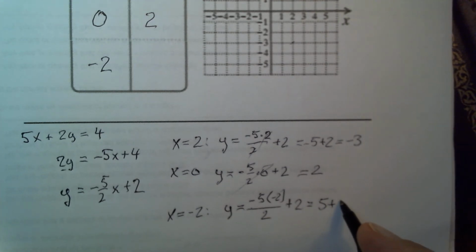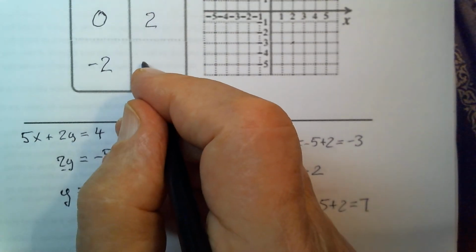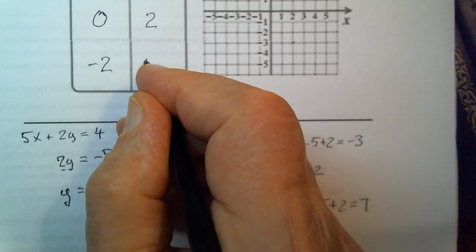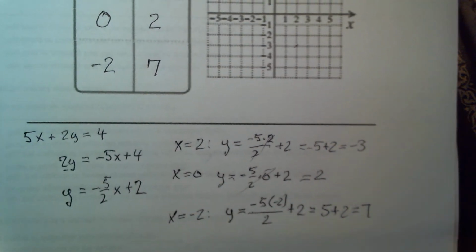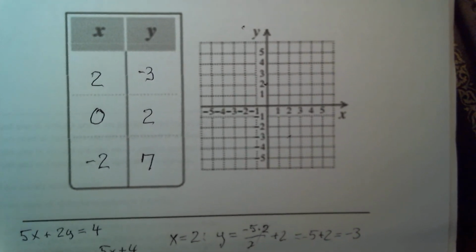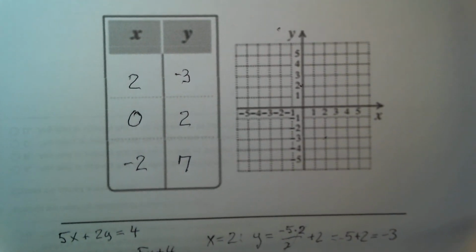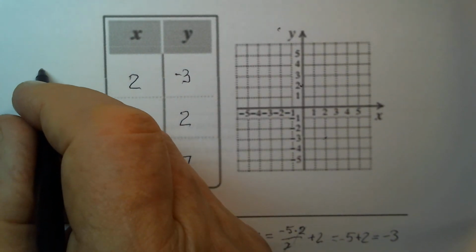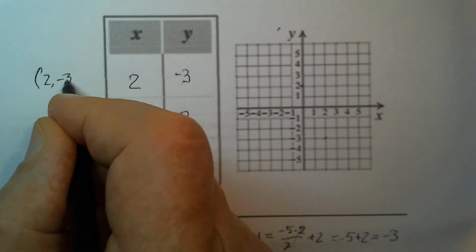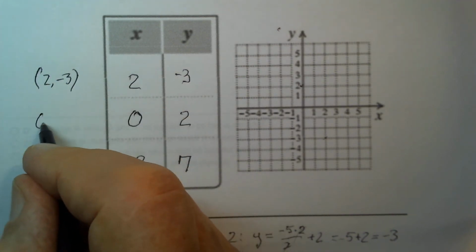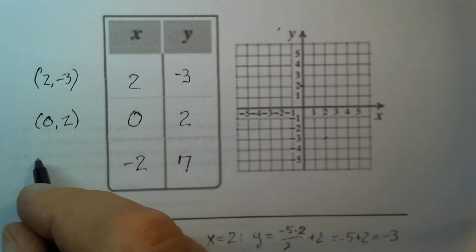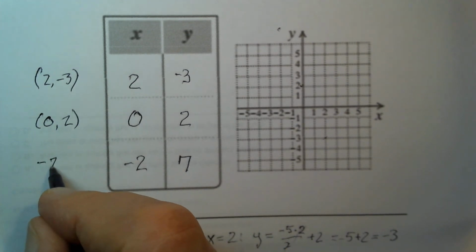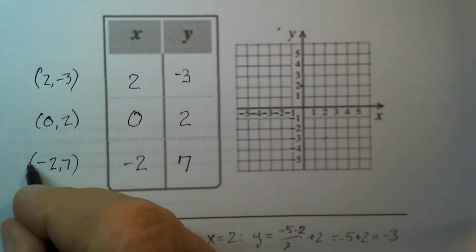Plus 2 equals 7. So when x equals minus 2, y is equal to 7. So now all we have to do is plot the ordered pairs. The ordered pairs would be 2, comma, negative 3. That would be 0, comma, 2. And it is minus 2, comma, 7.